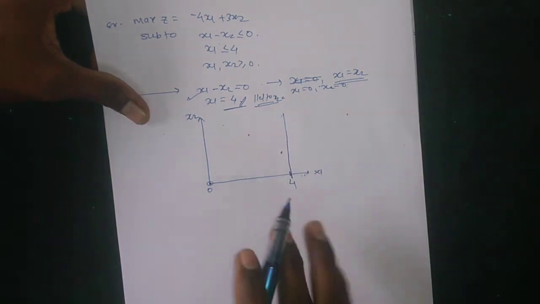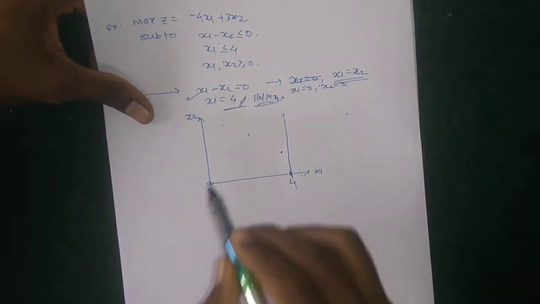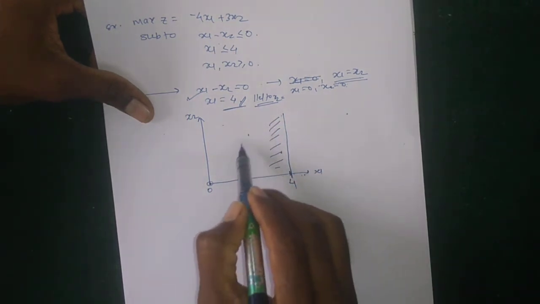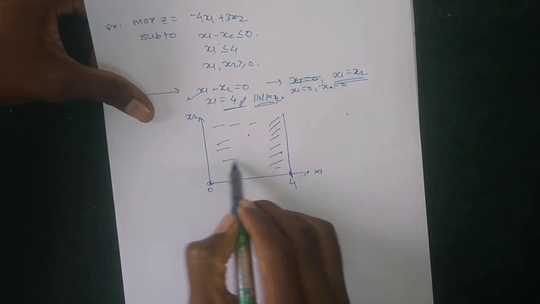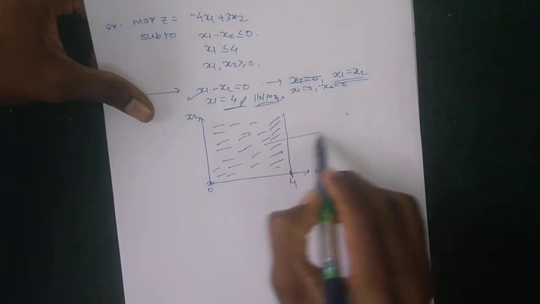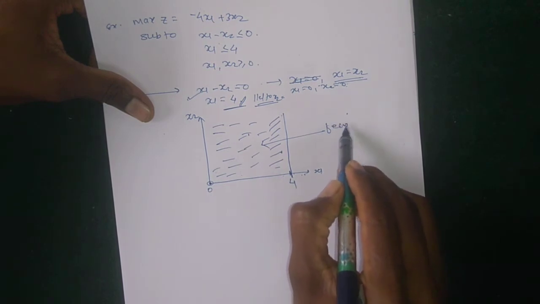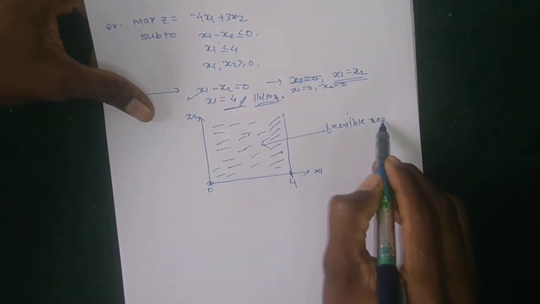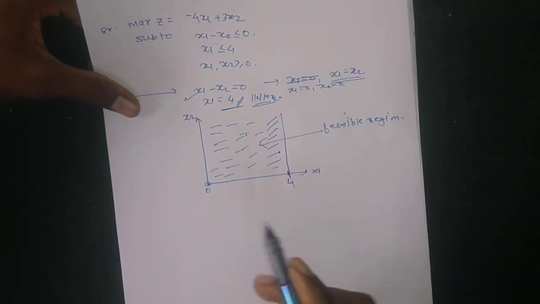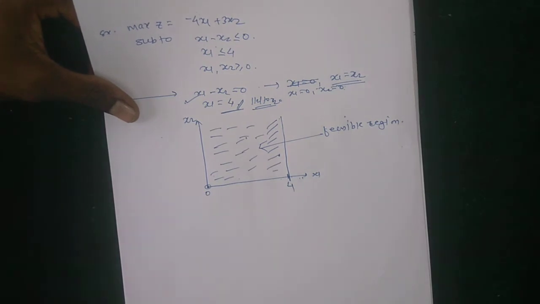The region is less than or equal, so this shaded region is the feasible region.